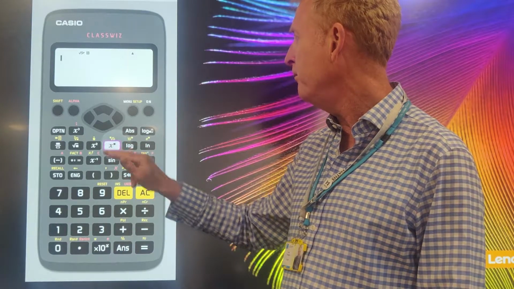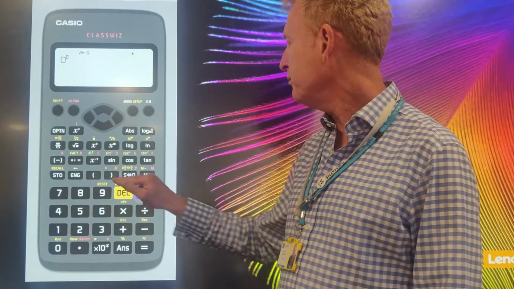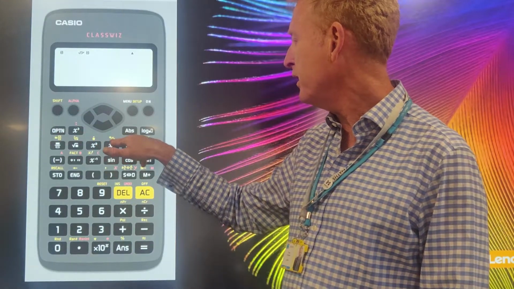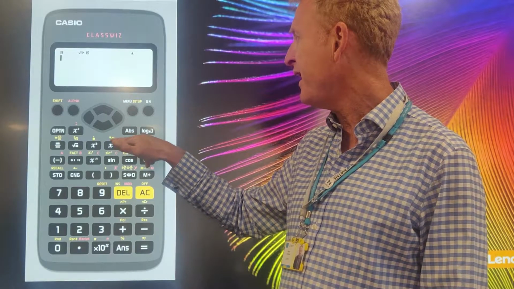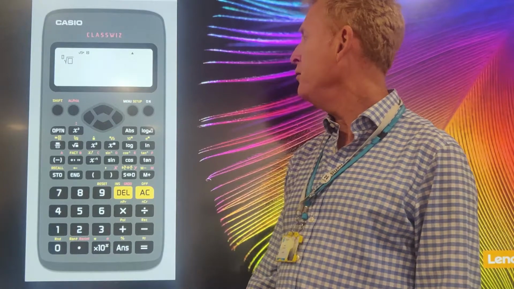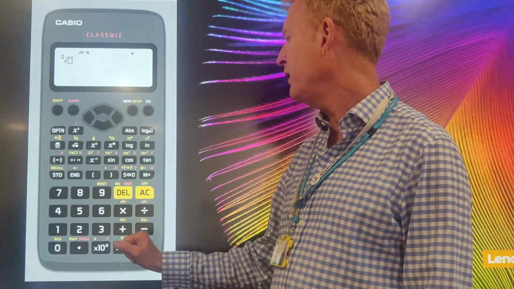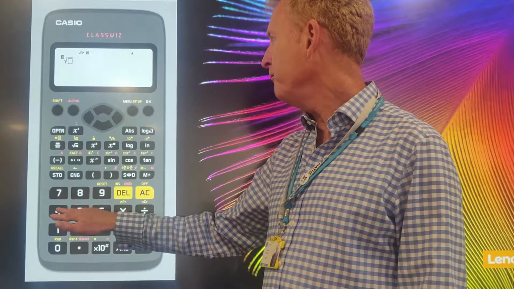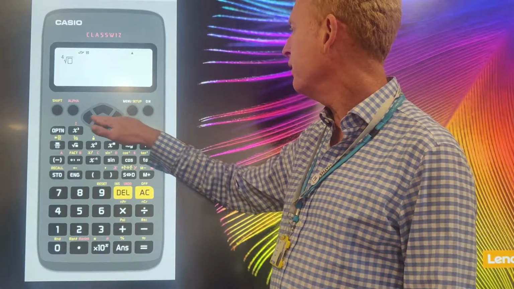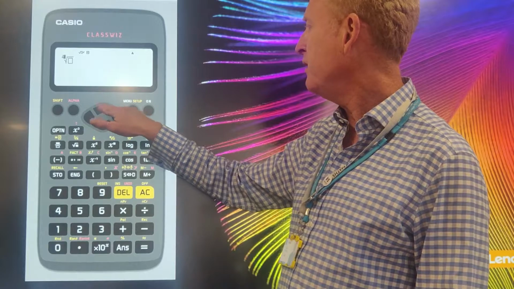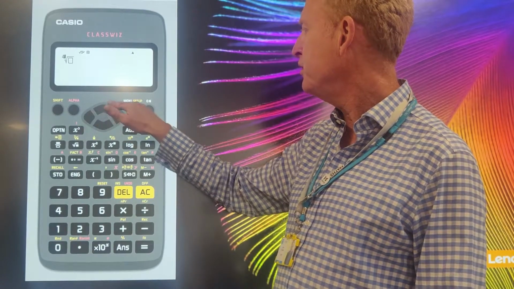So say for example, if I press that Shift button and go to this one over here where you've got the dark square and the light square, if I press that, now I can put my own powers in here. So say for example, what's going to be the 4th root of, and I'm going to press this little thing at the top here, so you've got these little things pushing you in different directions.